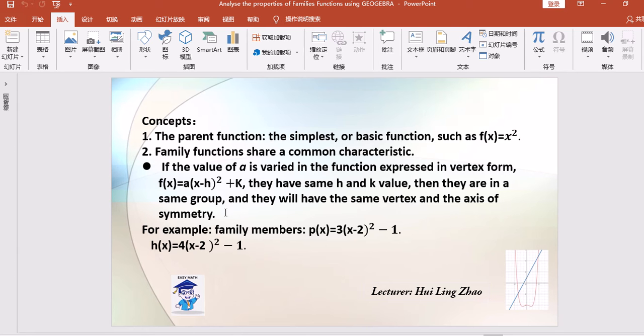That means it's a family, and they will have the same vertex and axis of symmetry. For example, the family members p(x) equals 3 times (x minus 2) squared minus 1, and the second one, h(x) equals 4 times (x minus 2) squared minus 1.